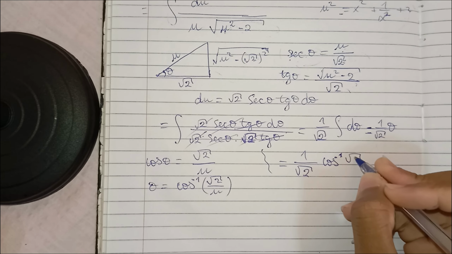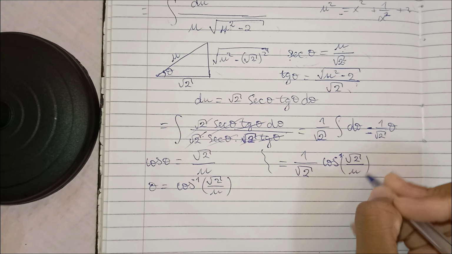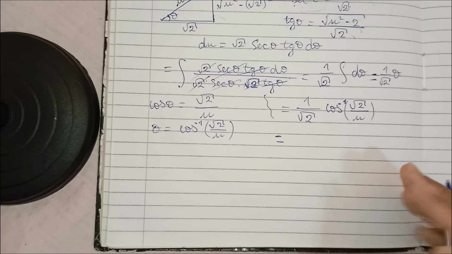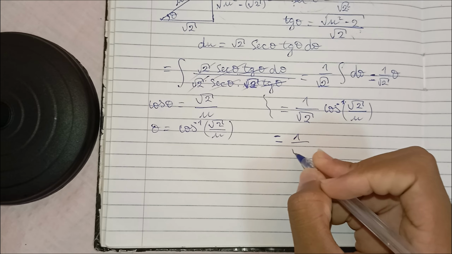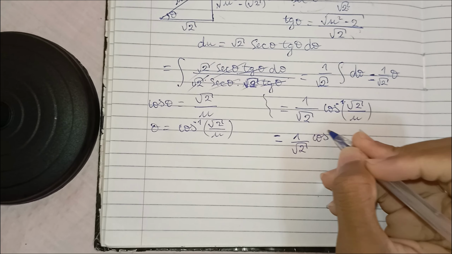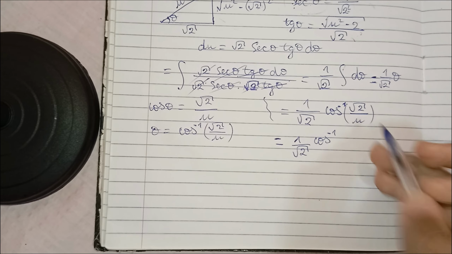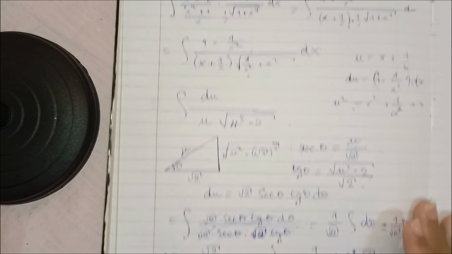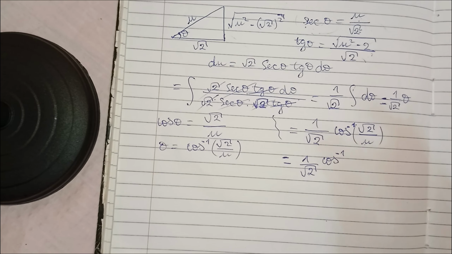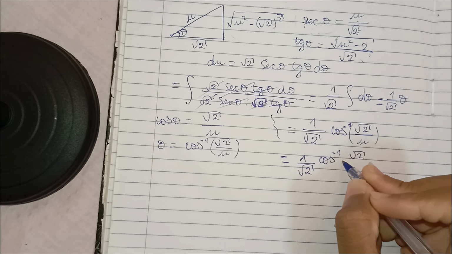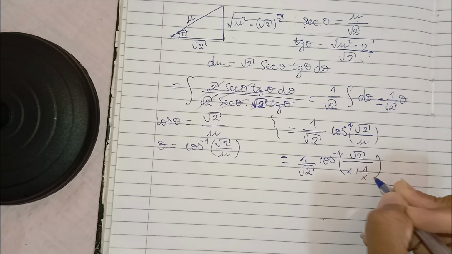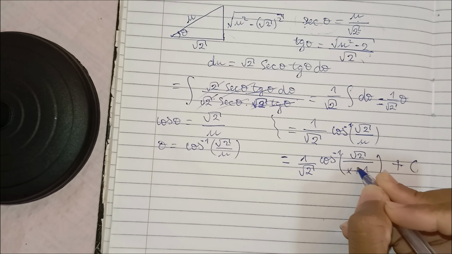Then, I said that u is this for us. So what I get here is square root of 2 over x plus 1 over x. So now I can put plus C. Yeah, basically it's like this.